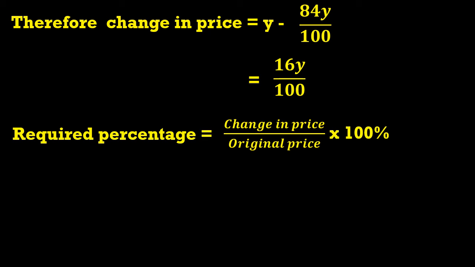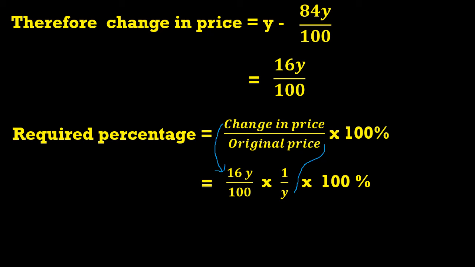So the required percentage will be change in price divided by original price into 100%. Now, the change in price is 16y by 100, and our original price is y, so that's why we brought it down.